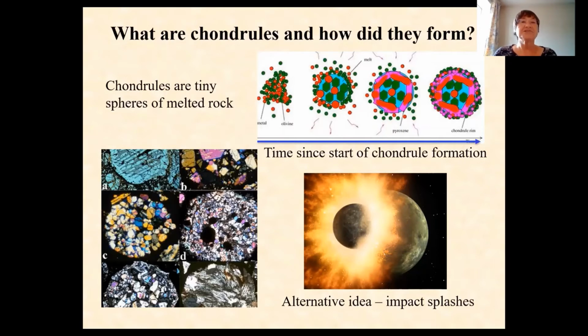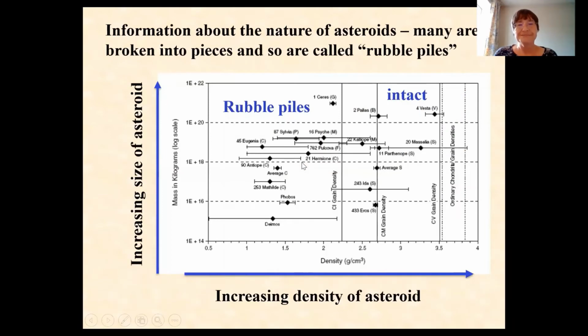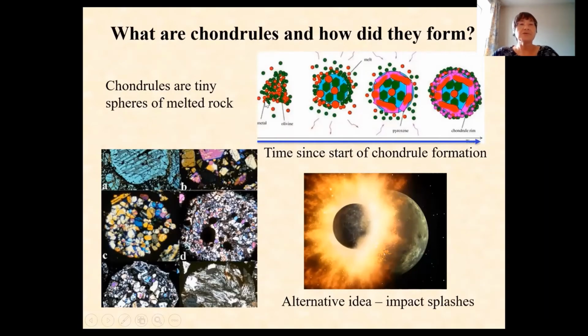And there's an old traditional way of explaining how chondrules are formed, and it involves the accretion, as in the top diagram with all the pretty colors, of metal and olivine, and this material was then heated up. And when you heat up metal and the olivine together, you can start to melt.